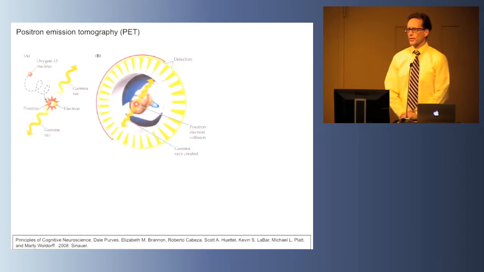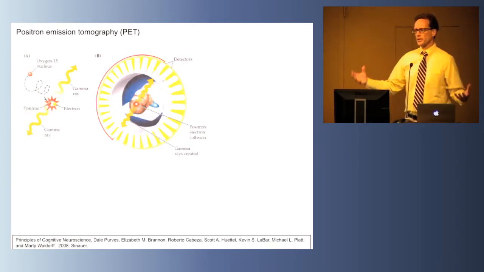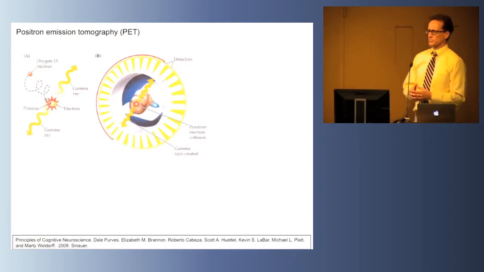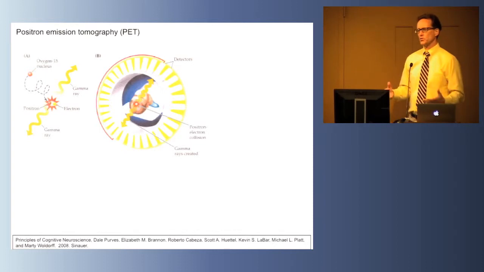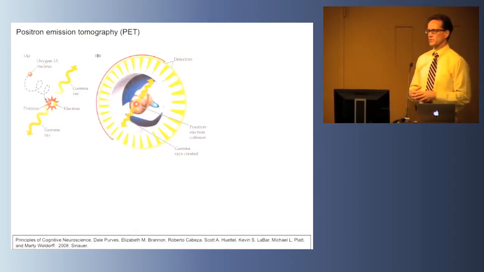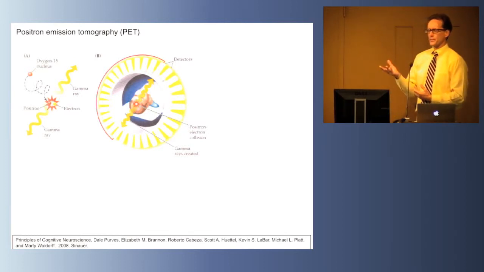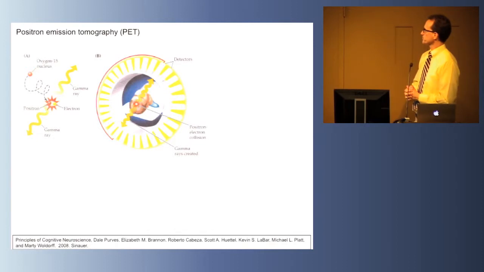Positron is a kind of radioactive subatomic particle that can be detected, and emission just means that it is emitted. So this technique measures the emission of positrons in the brain coming from radioactive substances that are injected into the person's blood supply and flow through the brain.